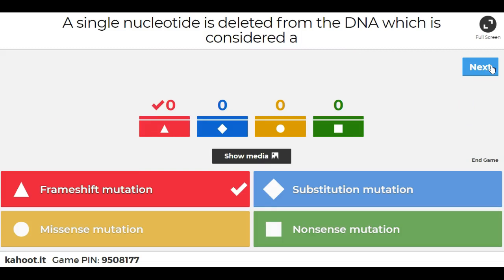So any kind of nucleotide deletion or insertion causes a frameshift, which causes a shift in the reading frame. So you end up getting different amino acids for every sequence after that insertion or deletion.